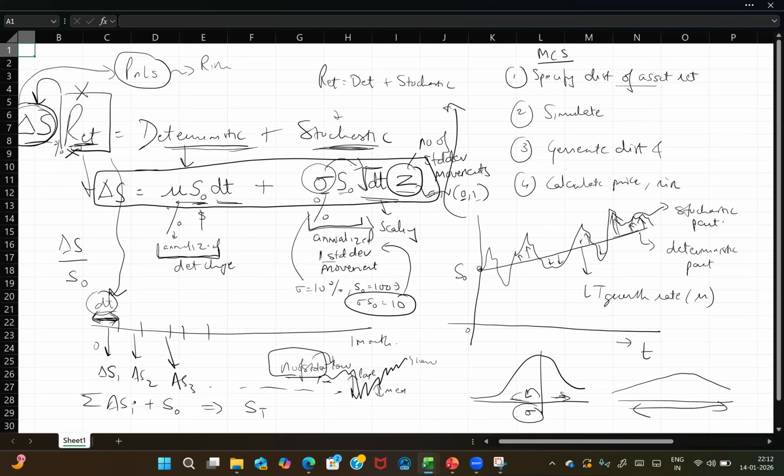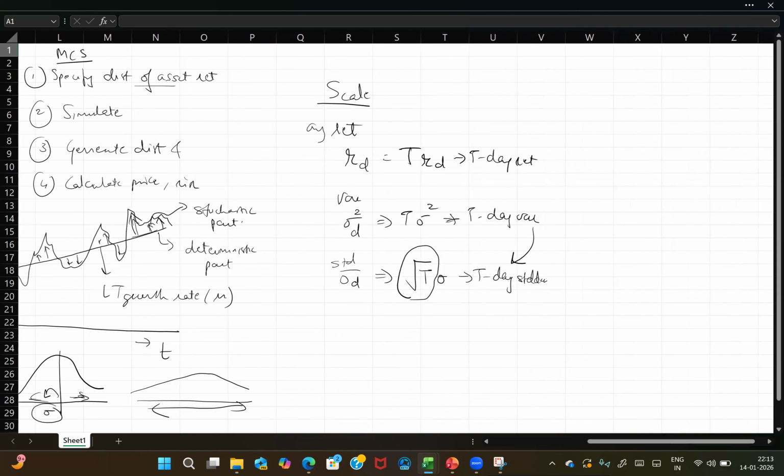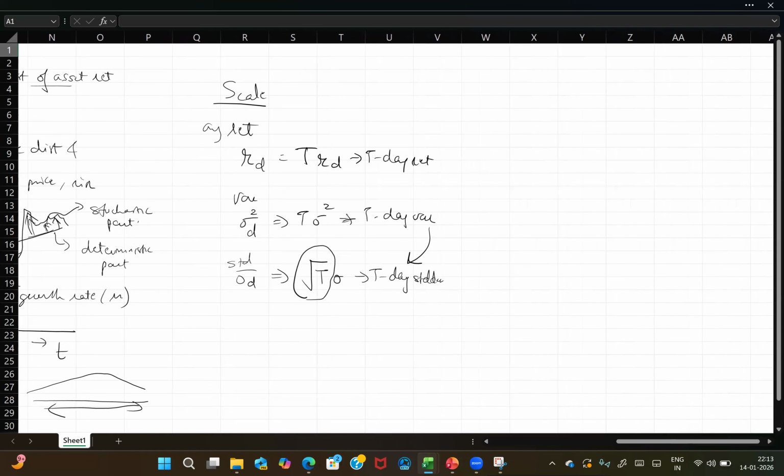Excuse me, sir. Could you explain once again the Z part? It's not clear yet. Which part? What is Z? Z is the number of standard deviation movements. Let's take a step back. Good question. Can I say we have done the Z value in stats?